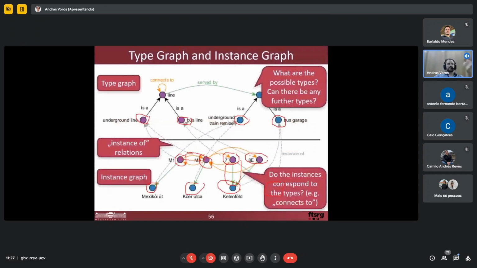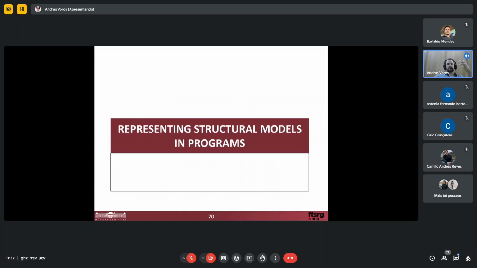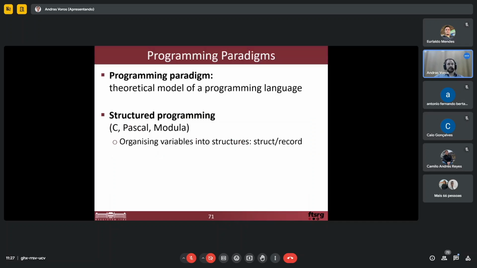And as I mentioned, this information can be put either into a graph, or it is also present in programs.